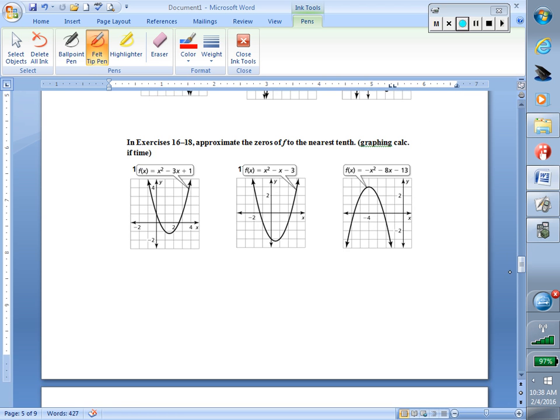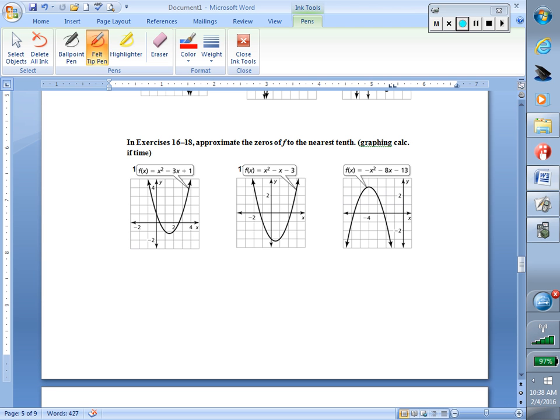The last piece that I want to finish up with, we're going back to our quadratics. And it's asking us to approximate the zeros to the nearest tenth. I want to show you how to use the graphing calculator. So when you graph something like number 1, and at this point we should be able to graph it, we went through 3 or 4 different options of graphing last class.